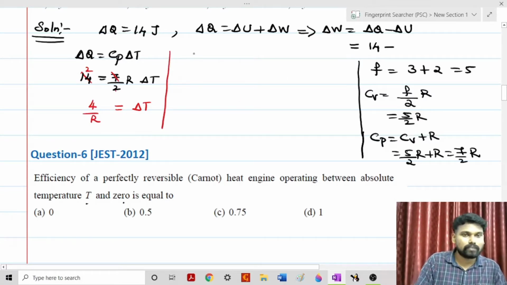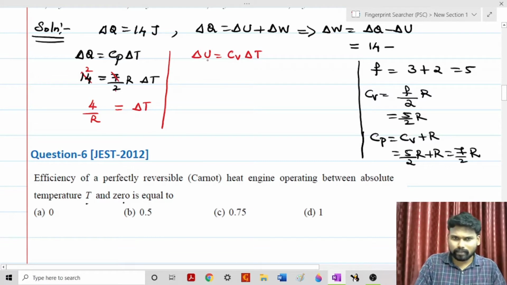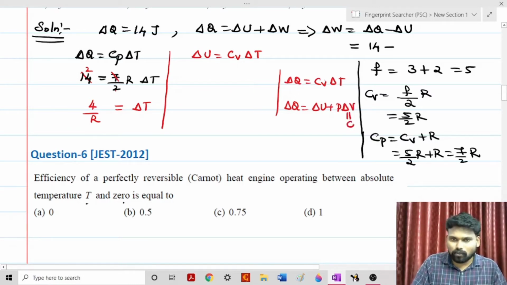How can we find the internal energy? We have another equation. Delta U is equal to Cv delta T. Okay, is this equation correct? Actually, by definition, delta Q is equal to Cv delta T. But for a gas at constant volume, you can say that delta Q is equal to delta U plus P delta V, where work is P delta V. For a system at constant volume, delta V is 0, so delta Q is equal to what?